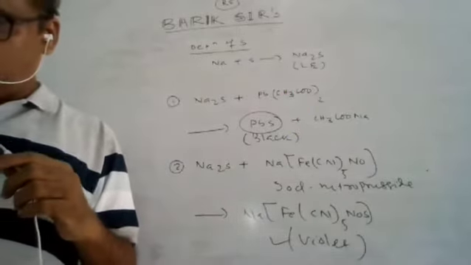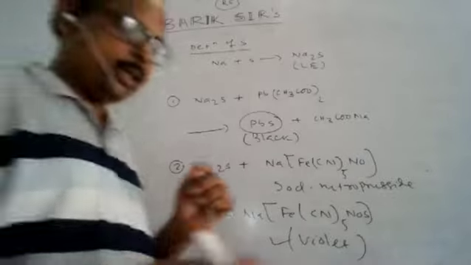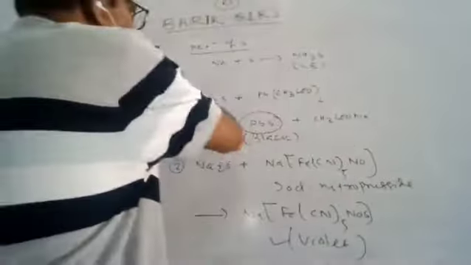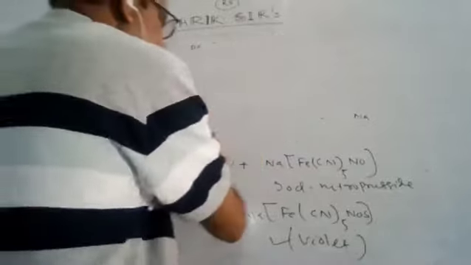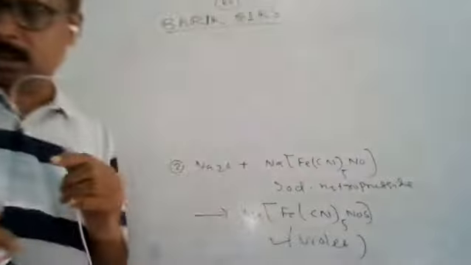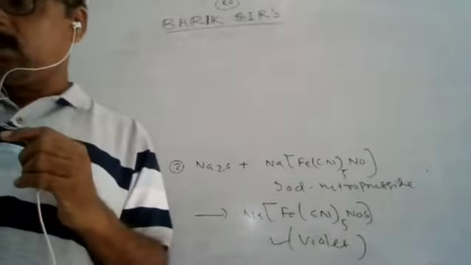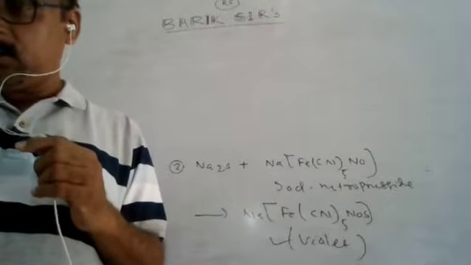The remaining one is the detection of phosphorus. As I told, phosphorus detection is not possible by the Lassaigne extract method, so it has its own method.